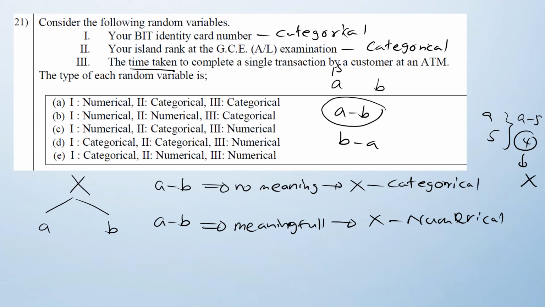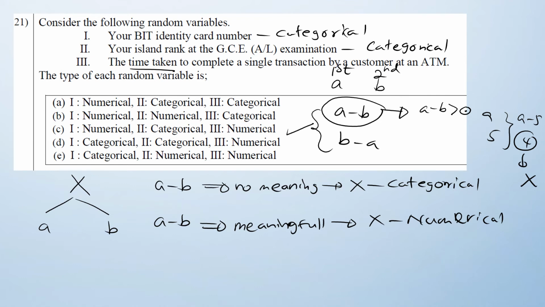If this is the first customer and this is the second customer, A minus B is the extra time taken by the first customer than B, if this is positive. Likewise, for the difference of two values, there is a meaning.